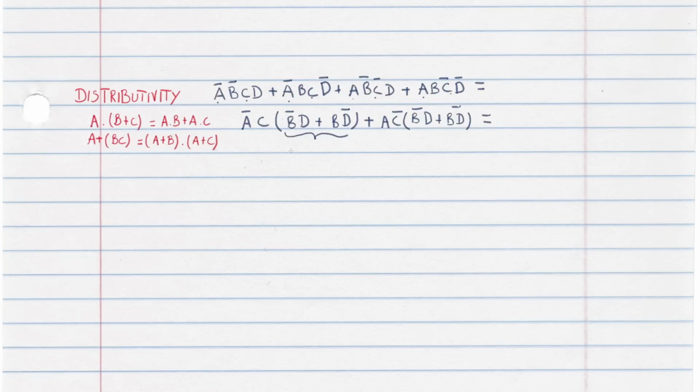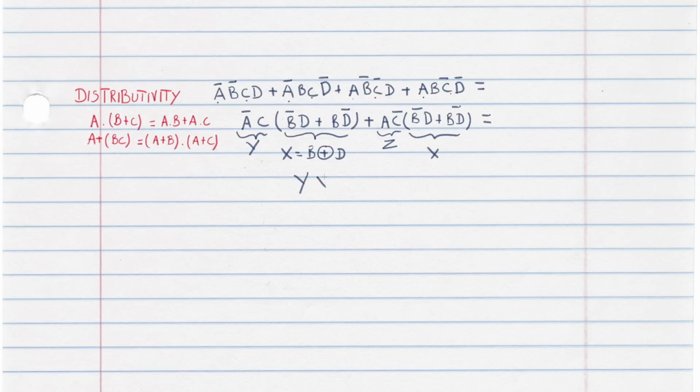This expression here is exclusive OR, which I'll write X equals B XOR D. And here we have the same thing, so we have X again. Now you can see that we have not A and C here, and A and not C here. If I call that Y, and this Z, then we have Y and X, or Z and X.